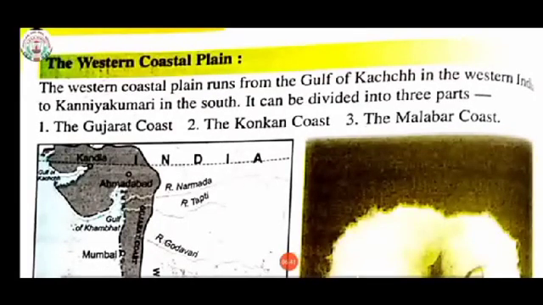So, here you can see in the map, this is your western coastal plain, and this strip runs along the Arabian Sea. Here the Arabian Sea is there. So this strip runs along the Arabian Sea on the west. And in the same way, the eastern coastal plain runs along the Bay of Bengal in the east.